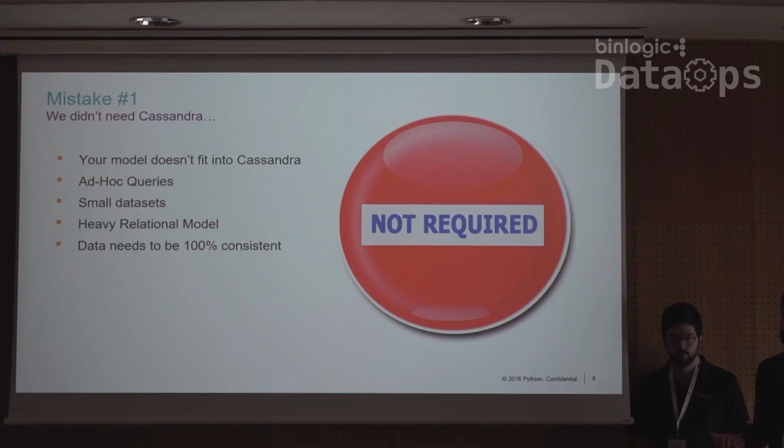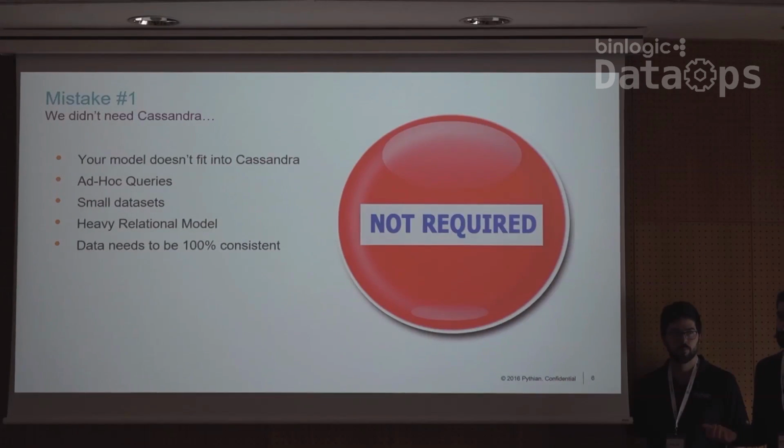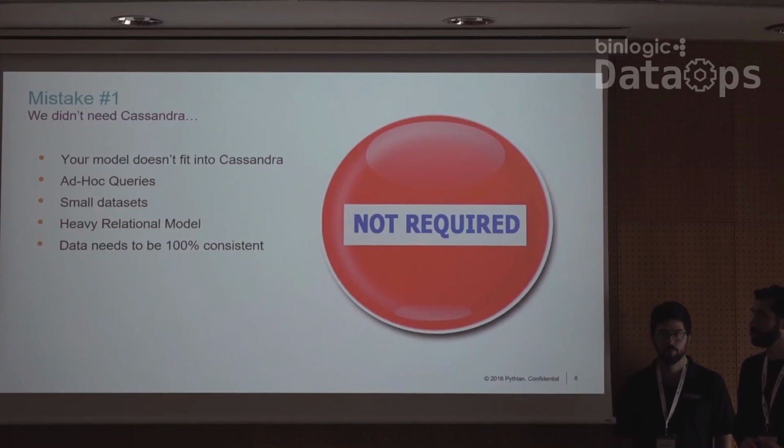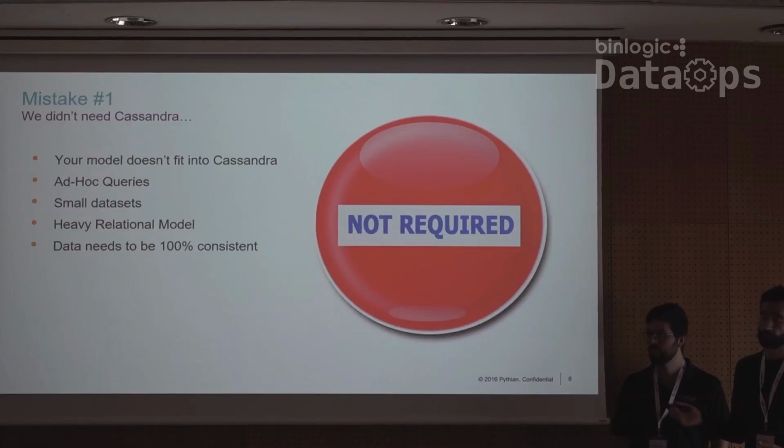And if you have multiple Cassandra nodes, it is highly likely that the data will not be 100% consistent between all the nodes. So with Cassandra, the trade-off is consistency, to ensure that you have performance and availability.